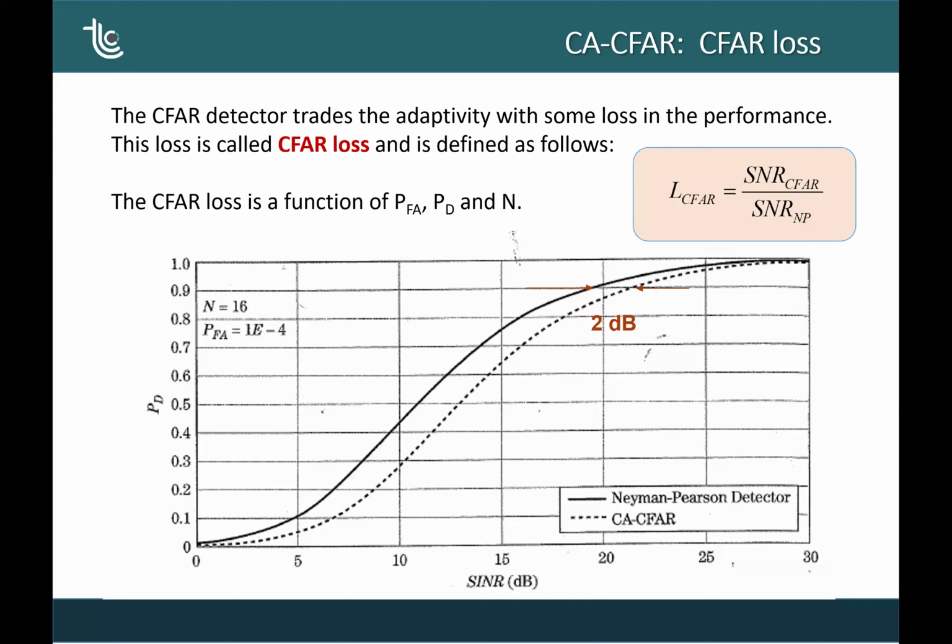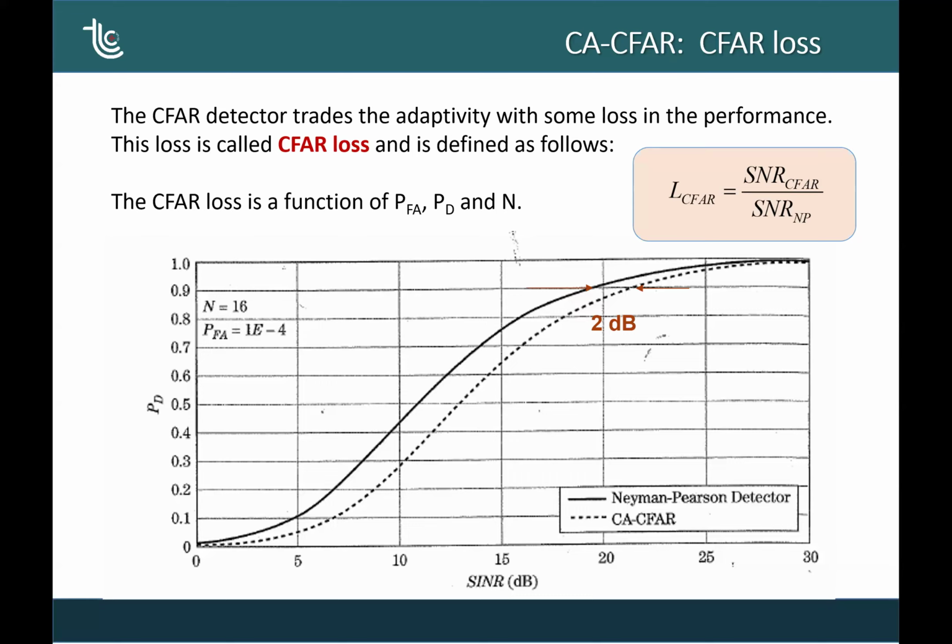The dotted line is the probability of detection as a function of the signal to noise ratio in the CA CFAR detector. The solid line is for the Neyman-Pearson detector. As you can see, for the Neyman-Pearson detector, we need a smaller signal to noise ratio to get PD equal to 0.9. Practically, we need, let's say, a little bit more than 19.5 dB.